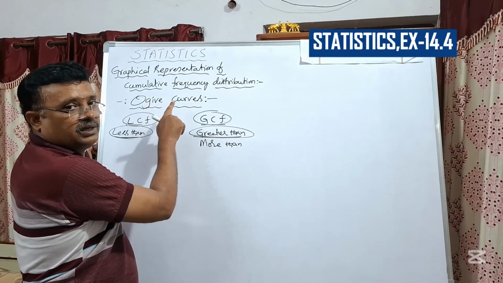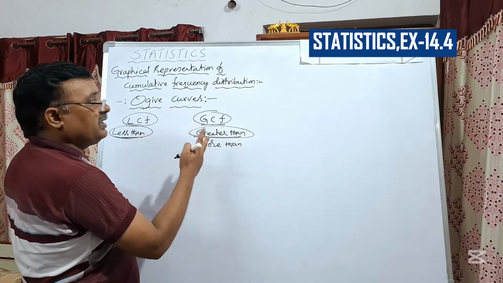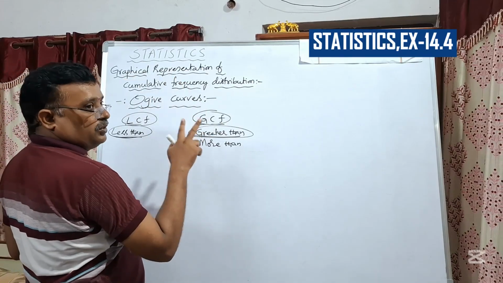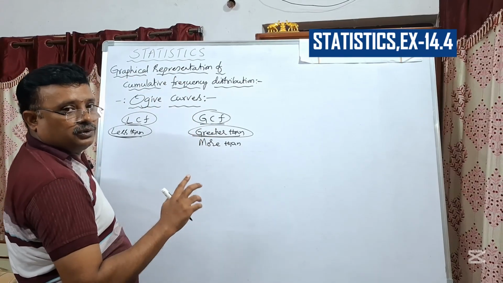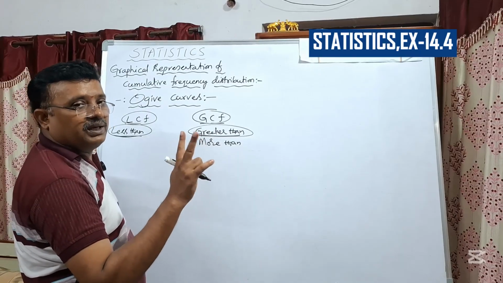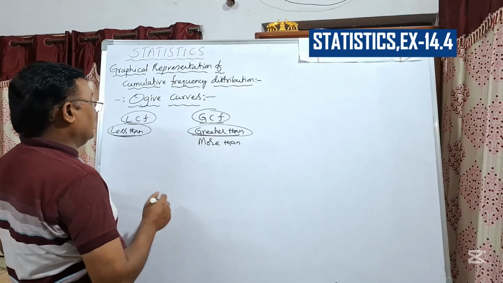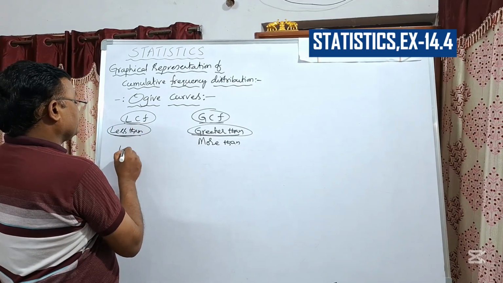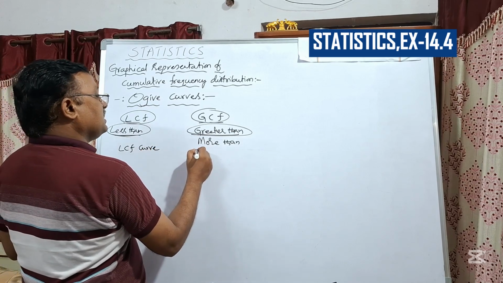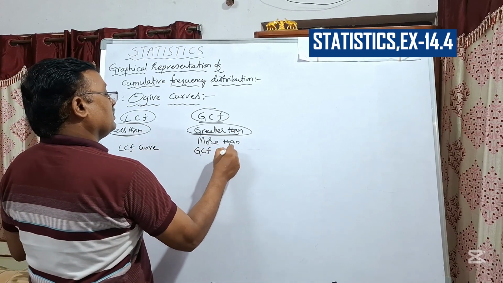Since cumulative frequency is of two types, we can convert them graphically in two models. So graphical representation of cumulative frequencies will be in two models. Those are called the LCF curve and the GCF curve.